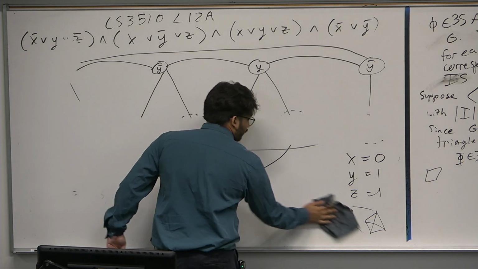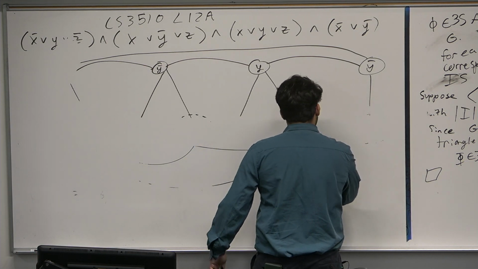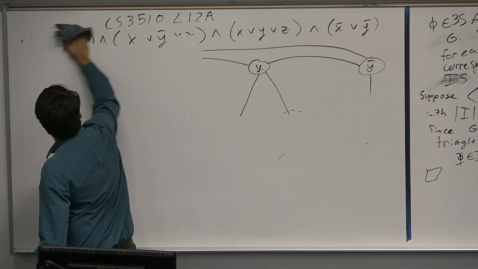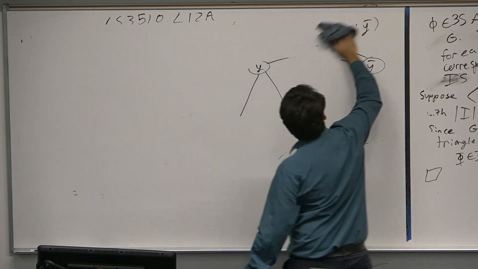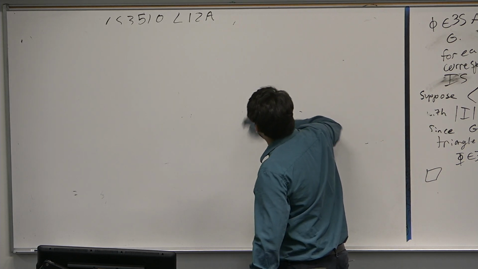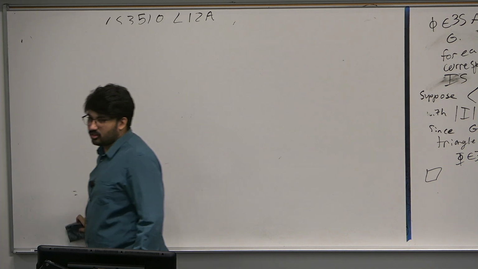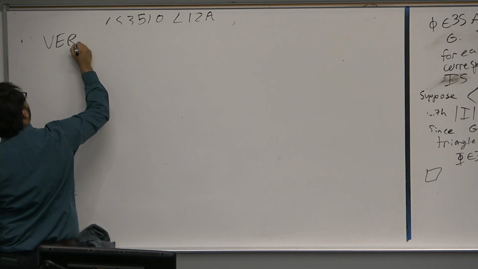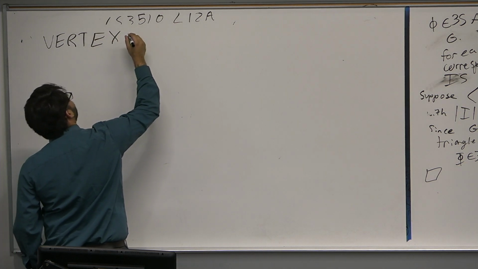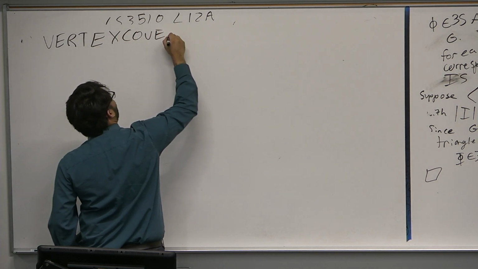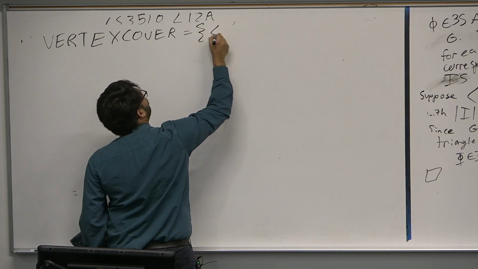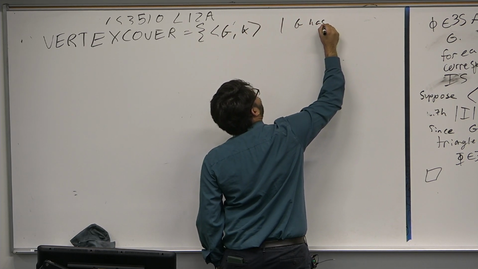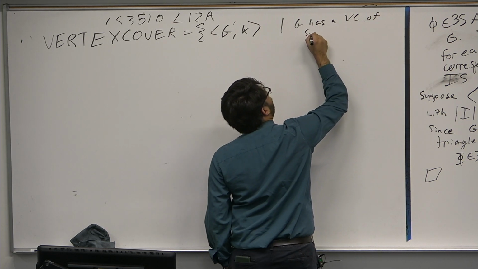Independent set and clique, in the search variant, are looking for a maximal subset, in the sense that we want the largest clique or the largest independent set. The problem of vertex cover asks, given a graph, in a search sense, what's its smallest vertex cover? Let's say G comma K: G has a vertex cover of size K.